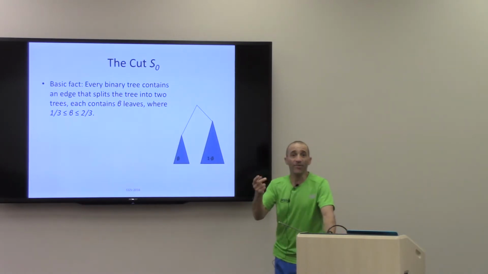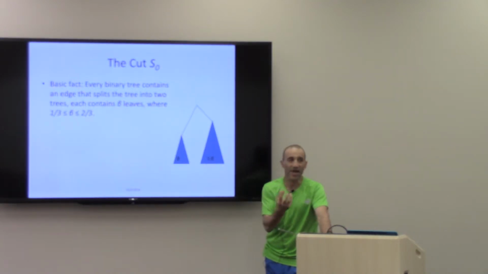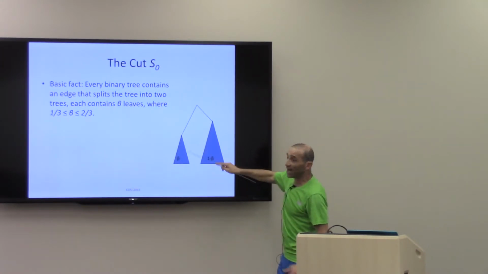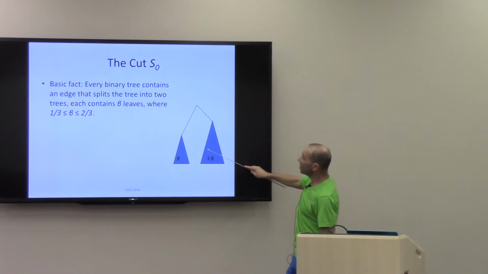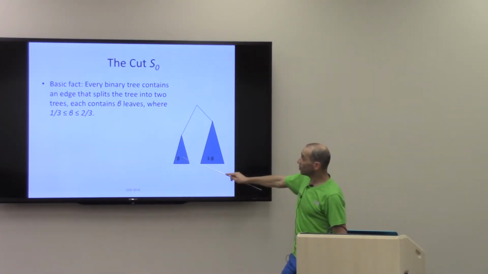So remember, our quartets come from some tree. They are consistent. They come from a tree. That tree must have that partition, that edge that separates beta, 1 minus beta. Now we know that beta is at least a third.